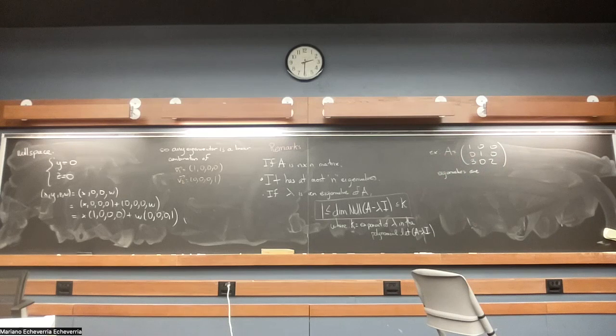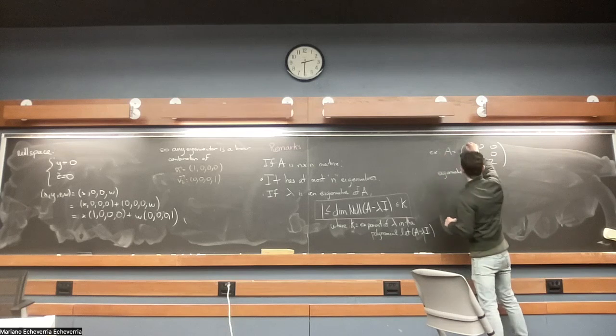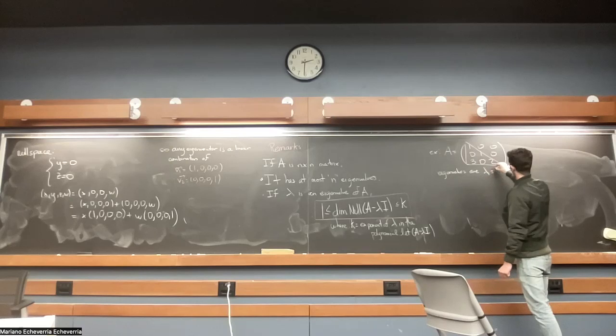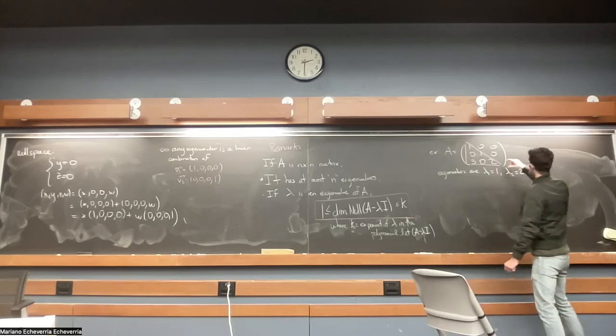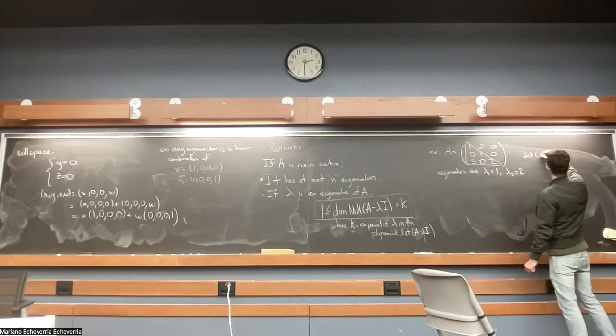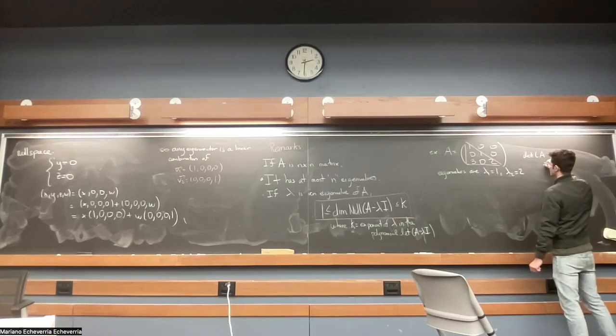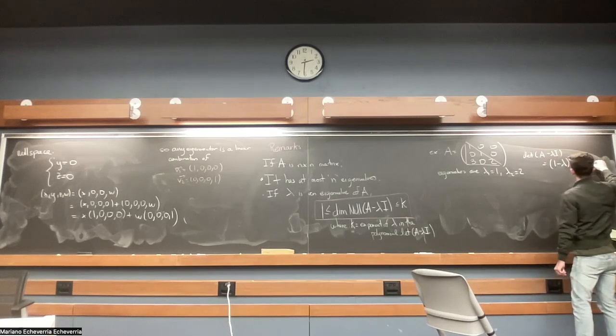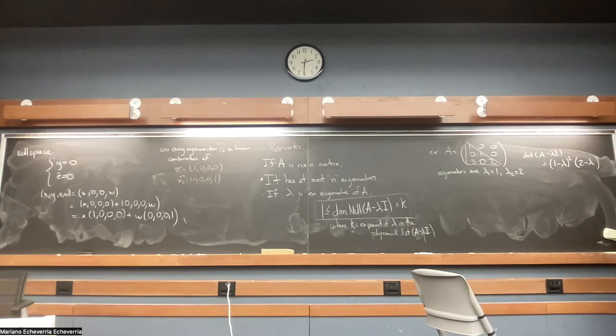Yeah, 1 and 2, because in this case it's lower triangular. In fact, if you do this determinant, what you will find is (1 minus lambda) squared times (2 minus lambda). So for lambda equals 1, the k will be 2 because it appears to the power 2. And for lambda equals 2, the k will be 1 because it appears to the power 1.